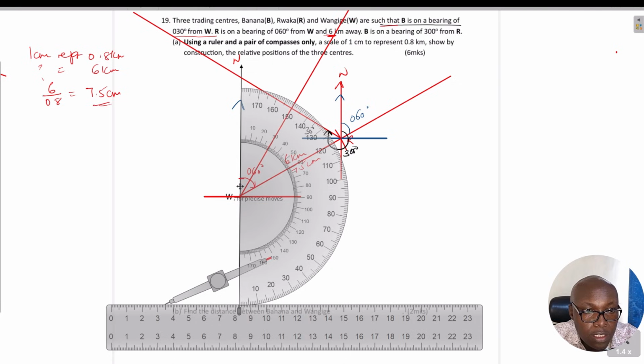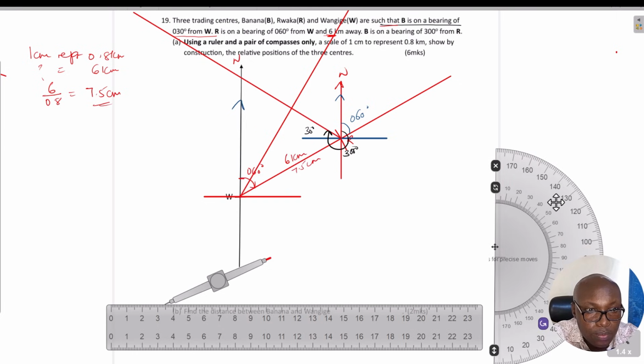There it is, 30 degrees from W. So 030 will now be this angle that is here. So B is on a bearing of 030 from W. So there it is. We've indicated that.